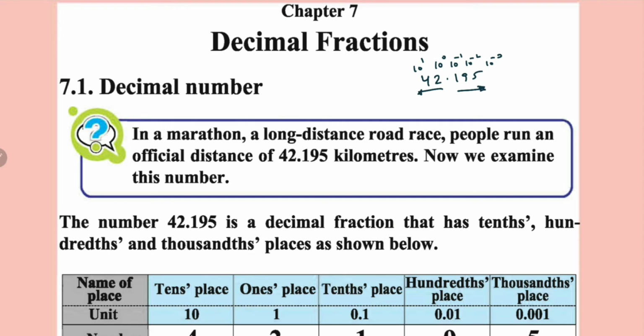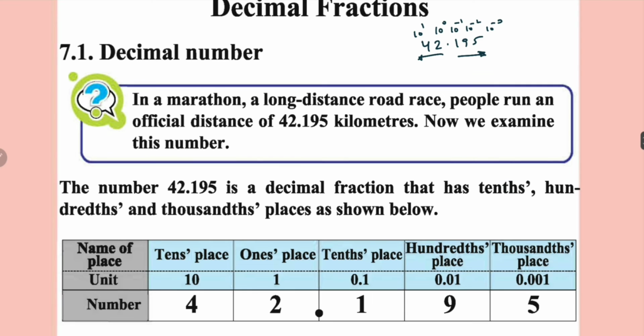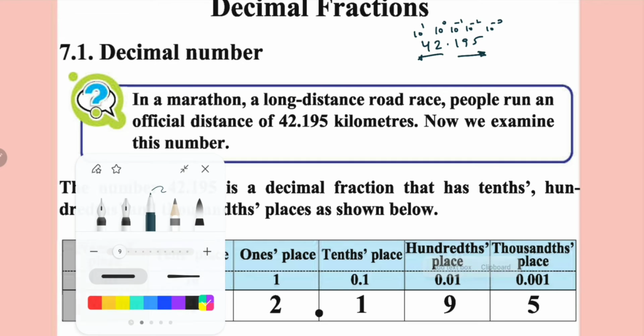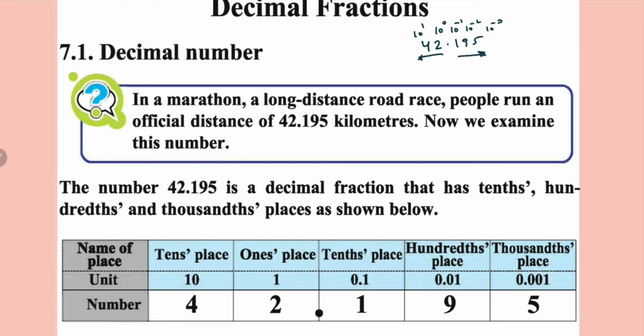So 10 power 1 is 10, 10 power 0 is 1, 10 power minus 1 is 0.1, 10 power minus 2 is 0.01, and 10 power minus 3 is 0.001.